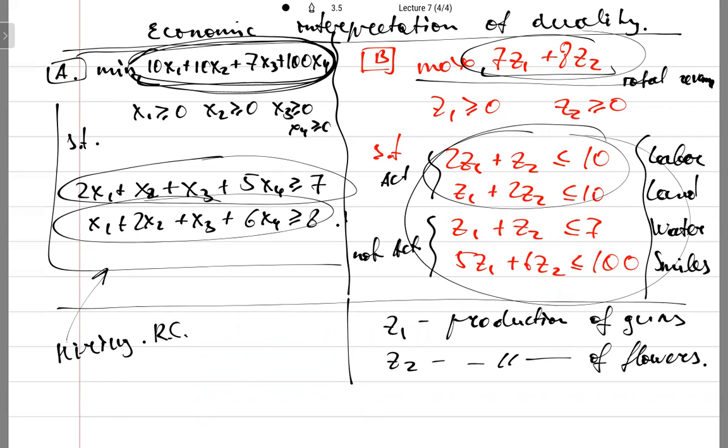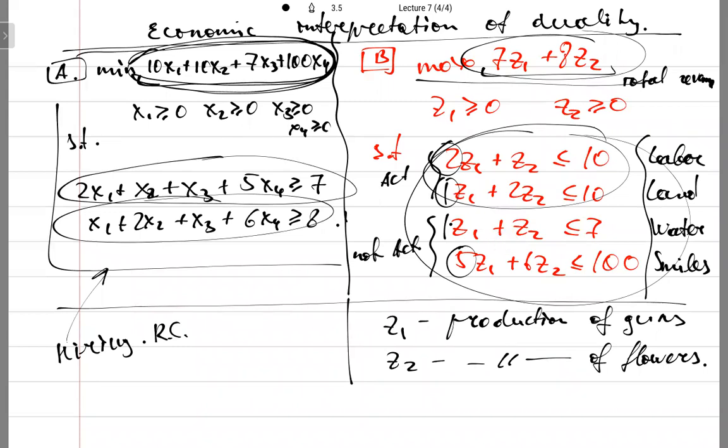Just be careful. If he wants to produce one gun, he needs 2 units of labor, 1 unit of land, 1 liter of water, and 5 smiles.